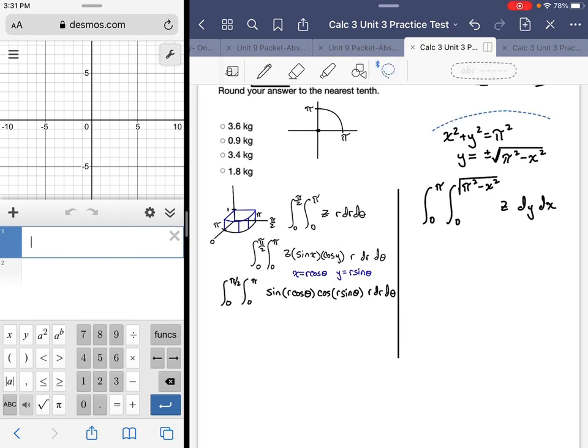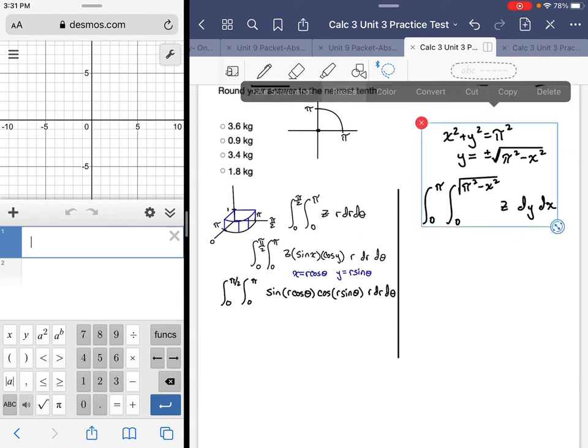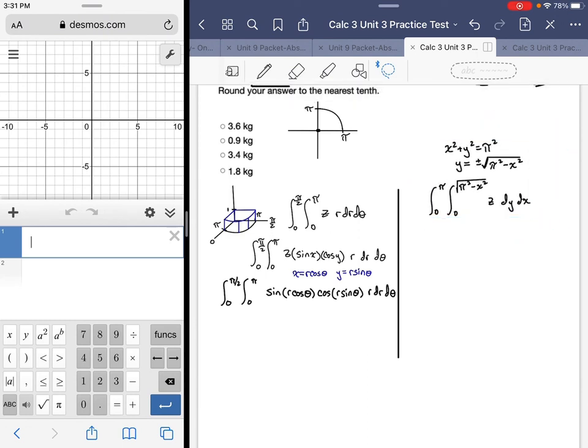And then we would make the same substitutions that we did previously, replacing the z with a 1 and including the sine of x cosine of y.